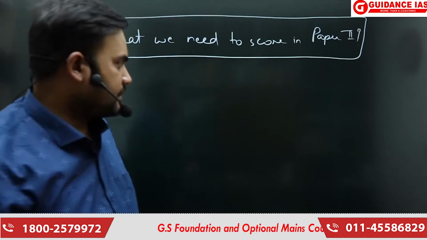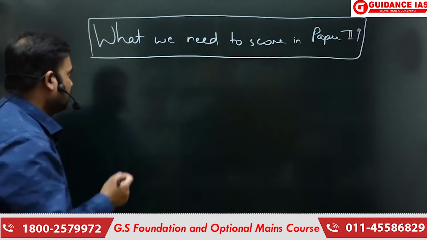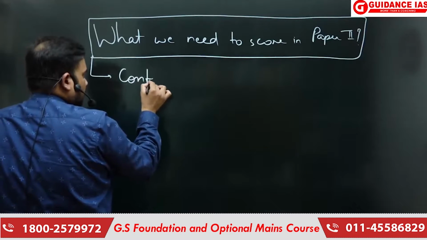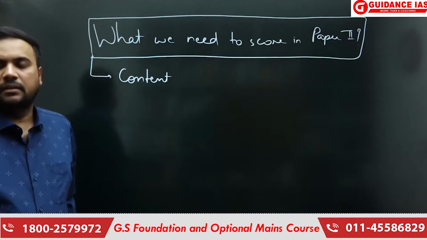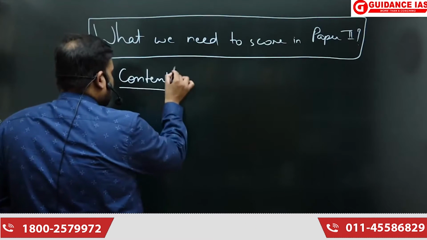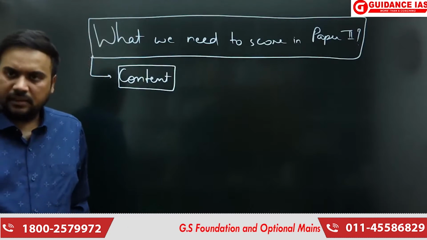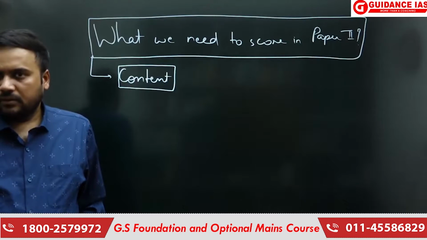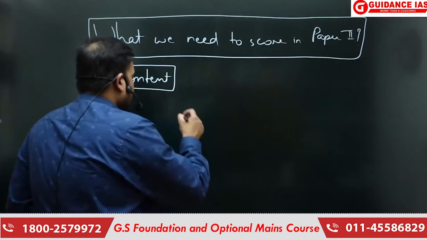There are a number of things. One very important thing is no doubt content. When I talk about content, let us discuss a little about the source, the source through which we have to study.